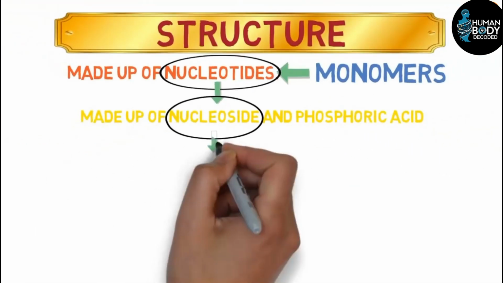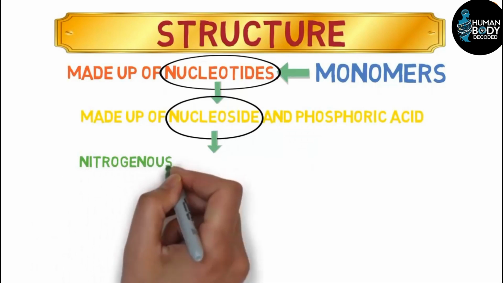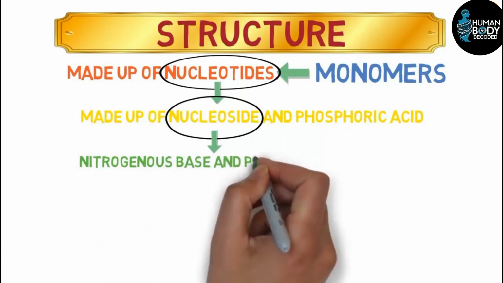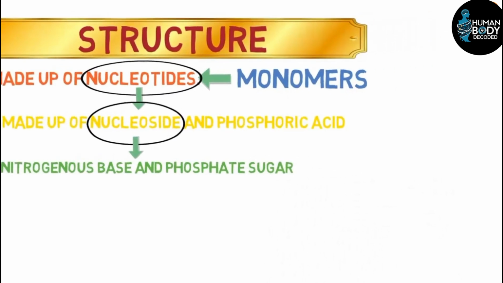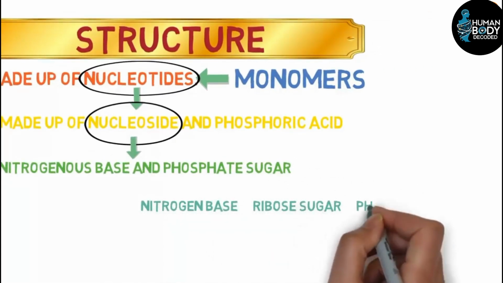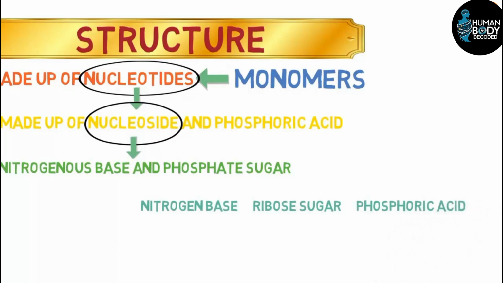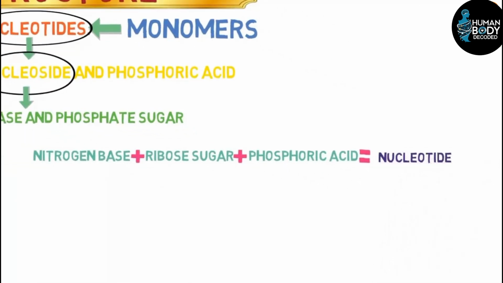Nucleosides themselves are made up of nitrogen bases and sugar. Friends, nitrogen bases, ribose sugar, and phosphoric acid. These three together form a nucleotide.